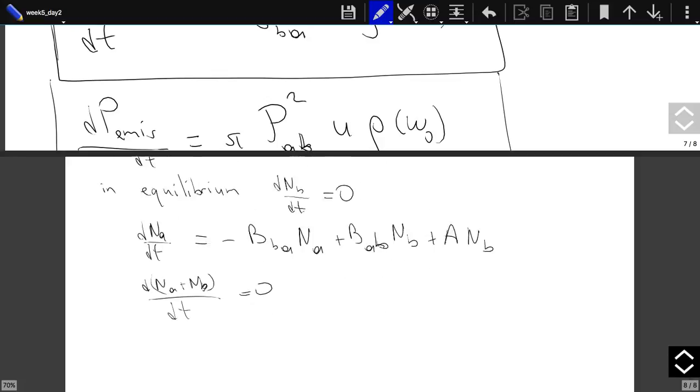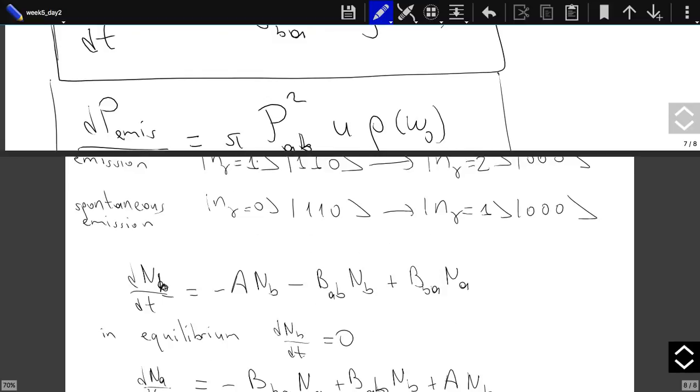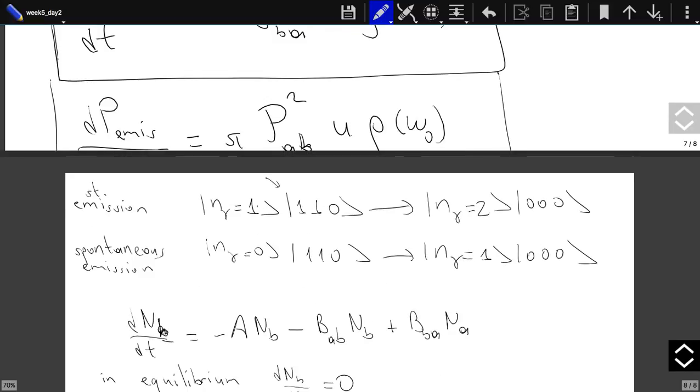Now let's look at equilibrium. So we have this thing. Now let me cheat a bit. Okay, there is one factor that I forgot.